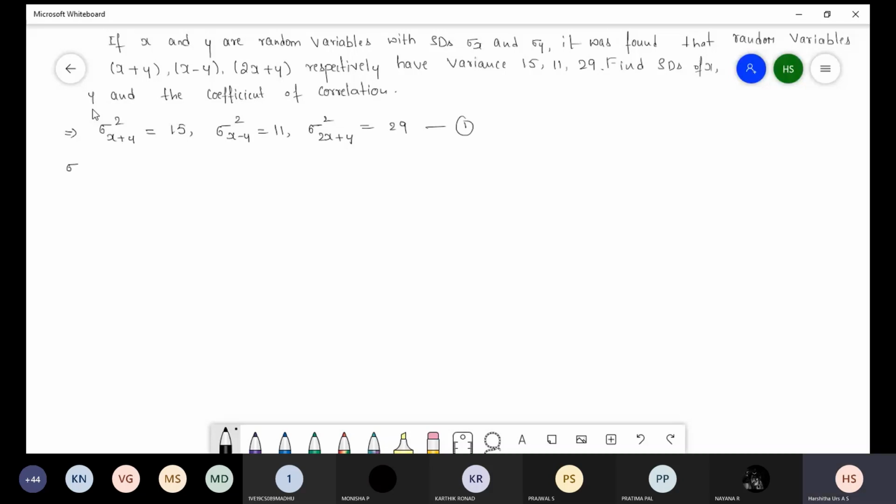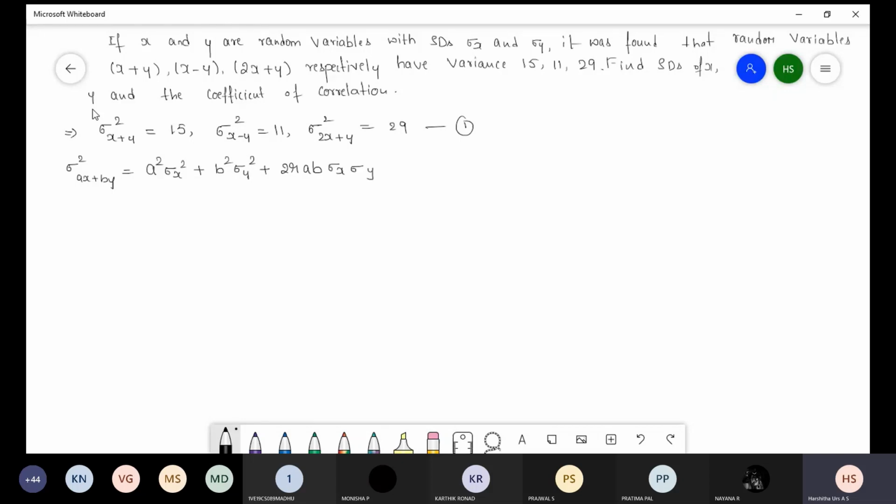Formula for the sigma square of ax plus by is equal to a square sigma x square plus b square sigma y square plus 2 into r into a into b sigma x into sigma y.